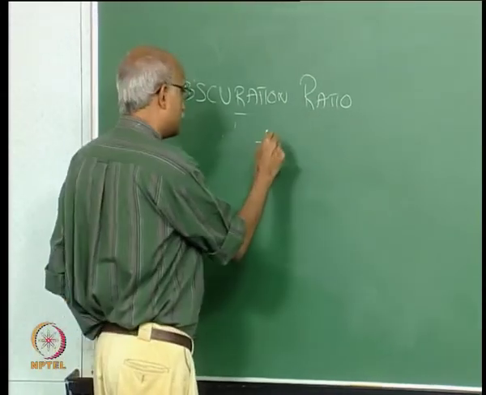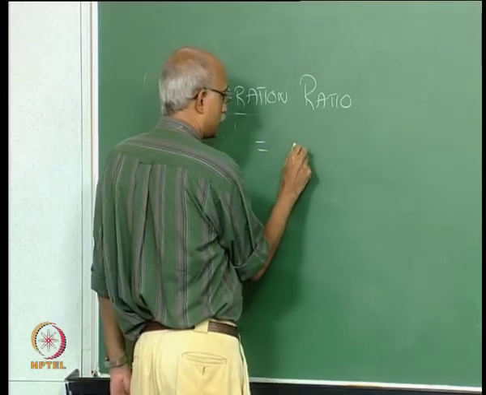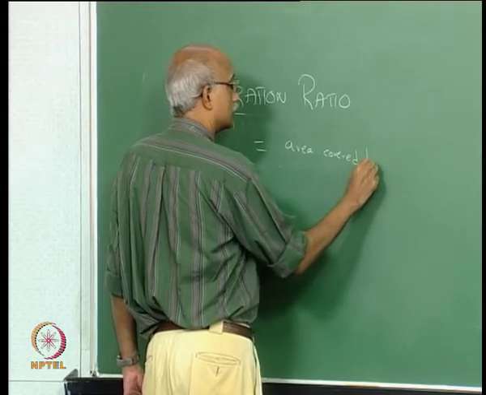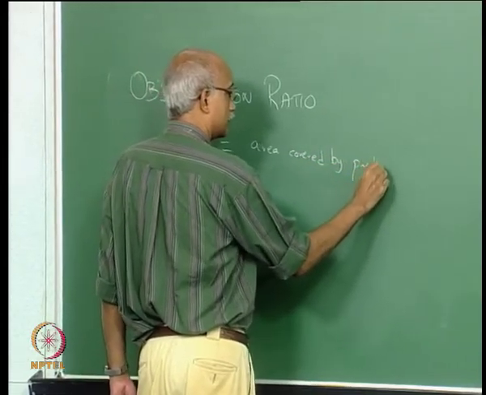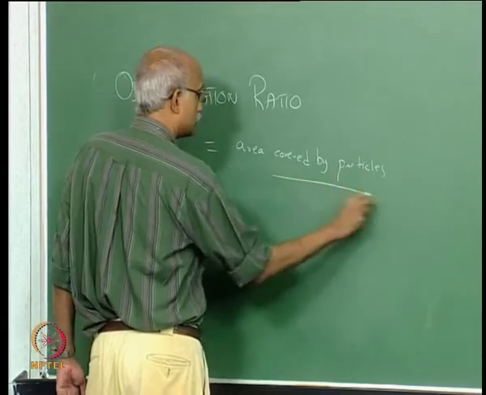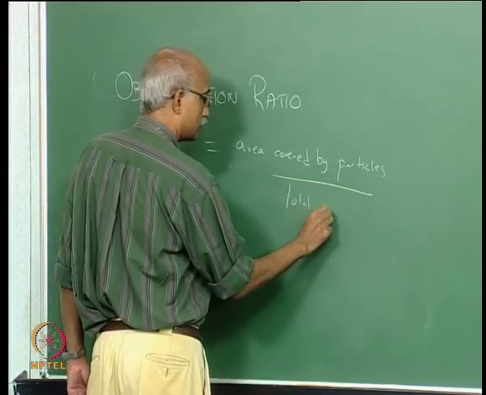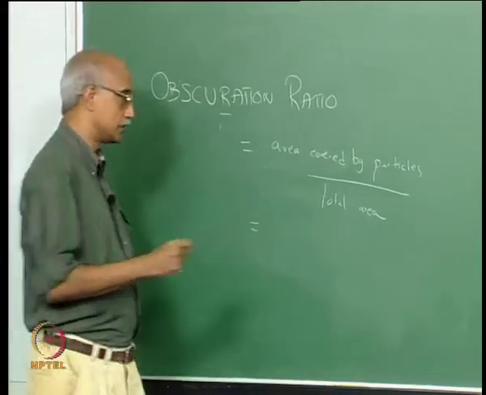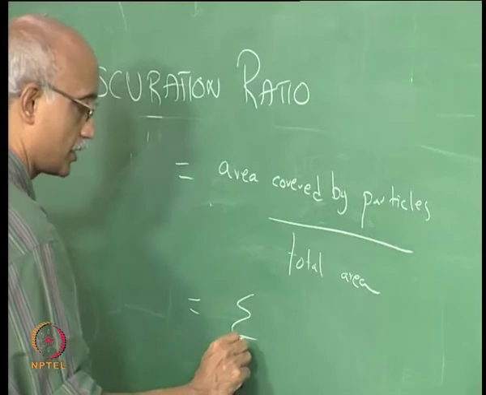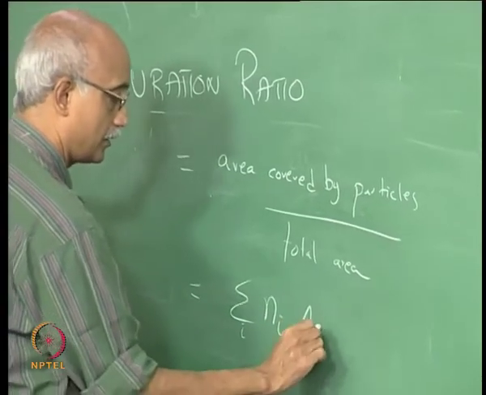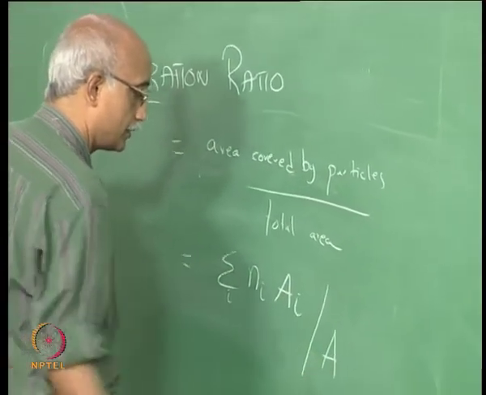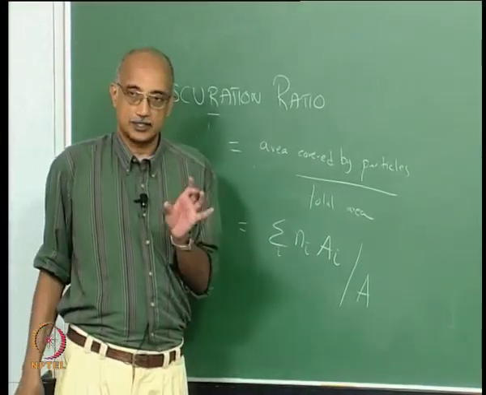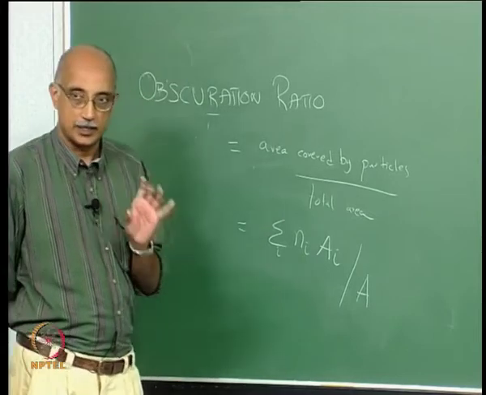So, it is basically the ratio of area covered by particles to total area, which can also be written in terms of individual particle sizes as summation over i of Ni Ai over the total area, where Ai is the surface area corresponding to particles of size Ni.